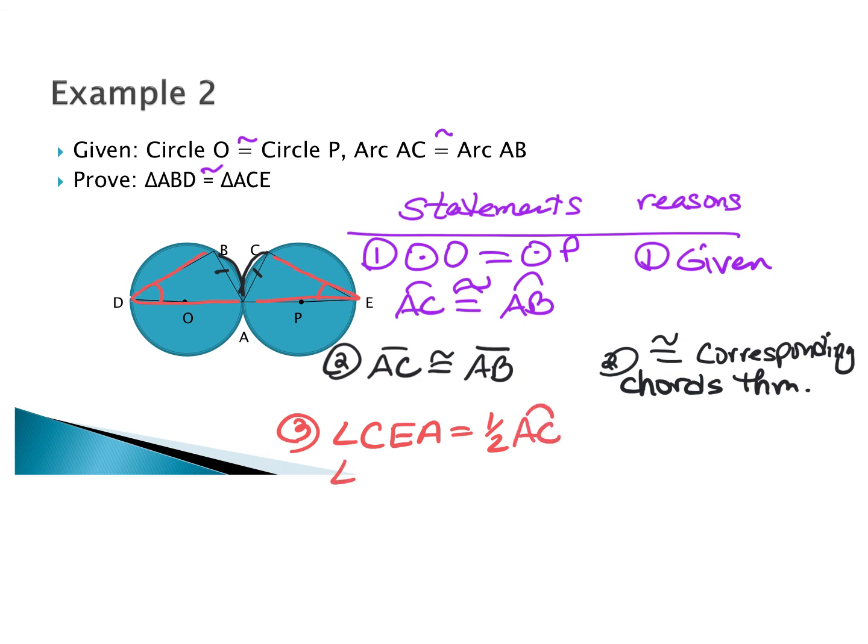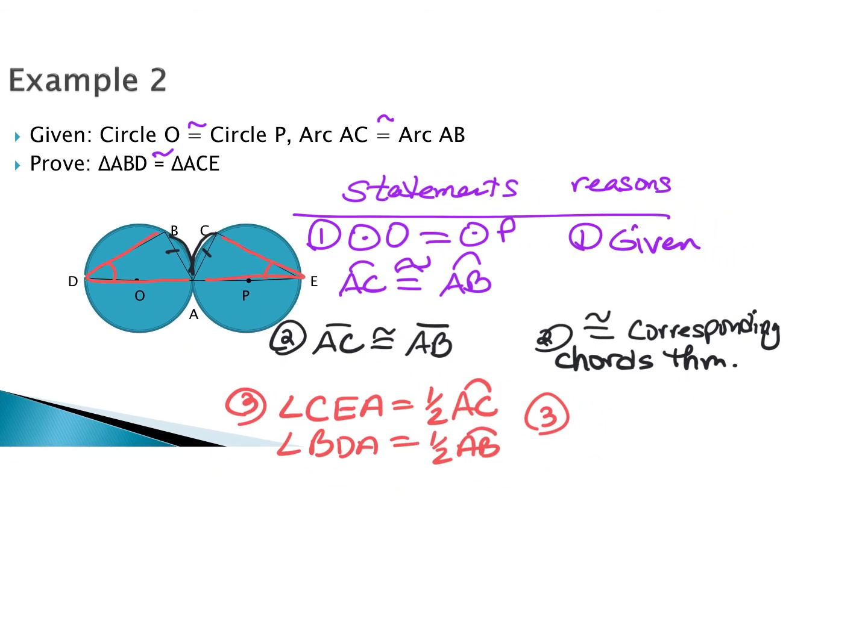And also angle BDA is also half the measure of its arc. And the reason why I can state this is the theorem that is called the measure of an inscribed angle theorem. Because I know that the measure of that angle will be half of its arc measure.